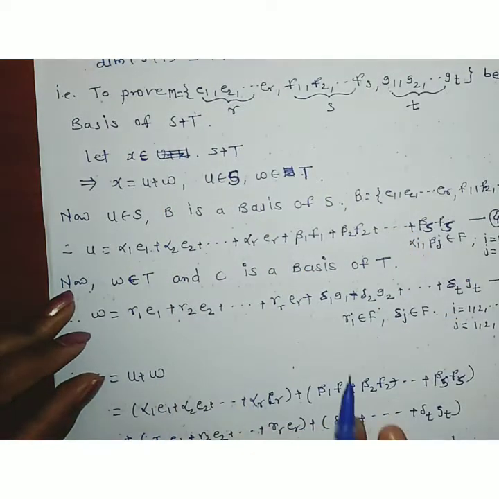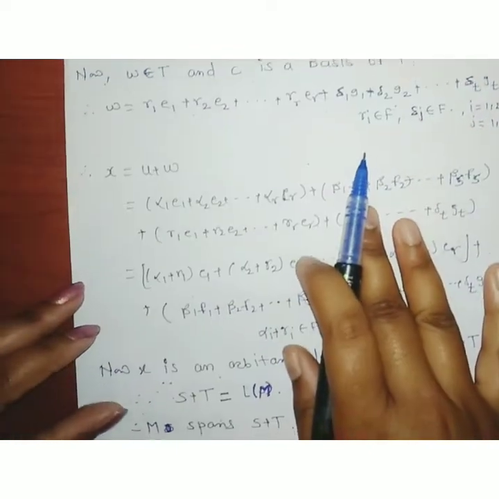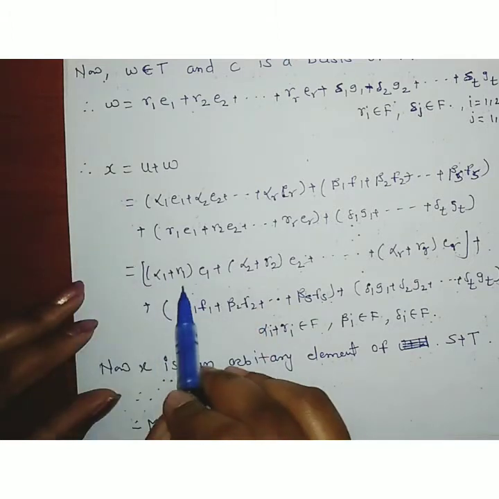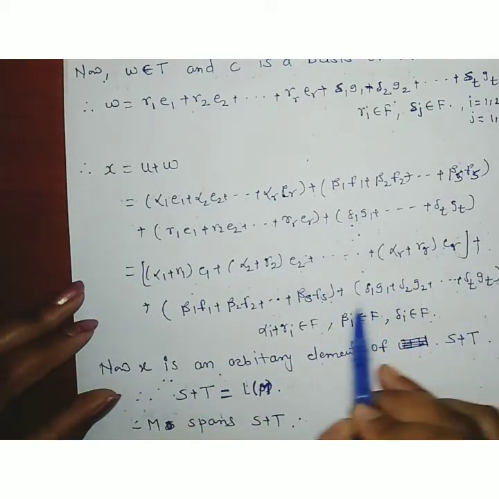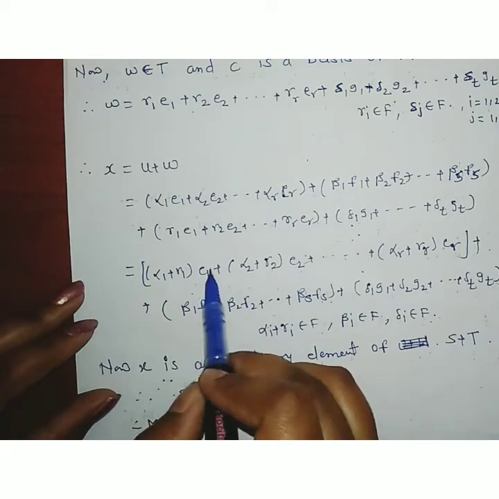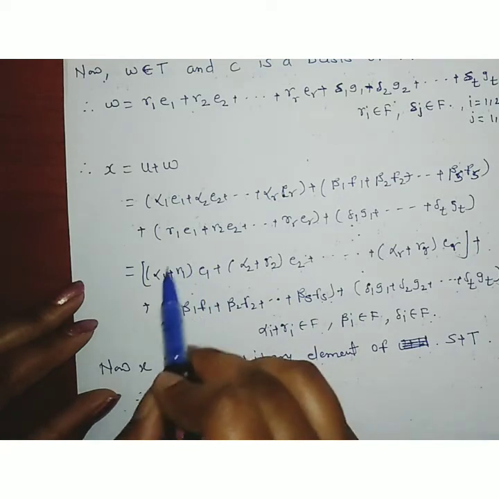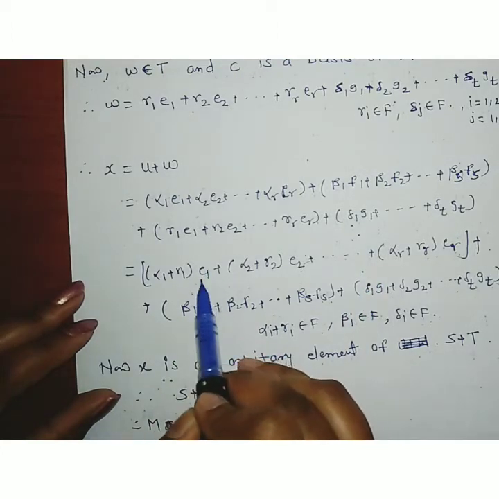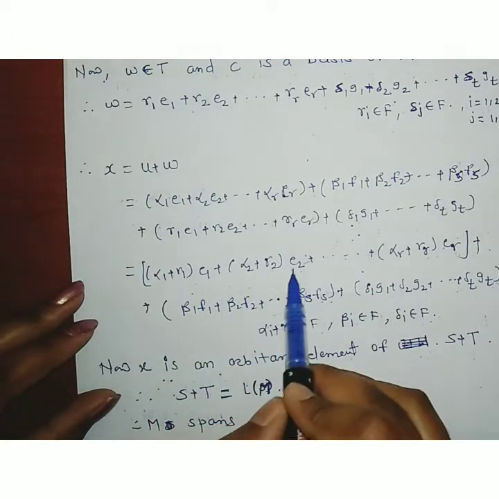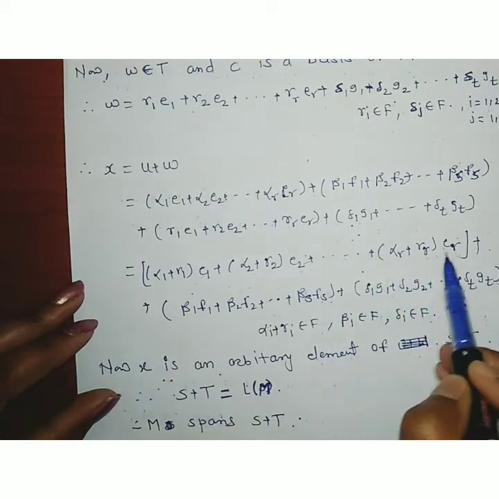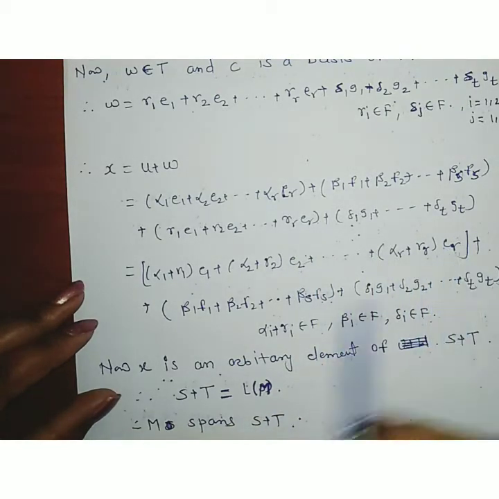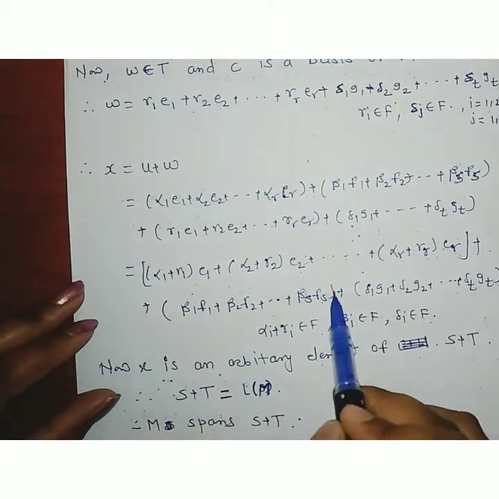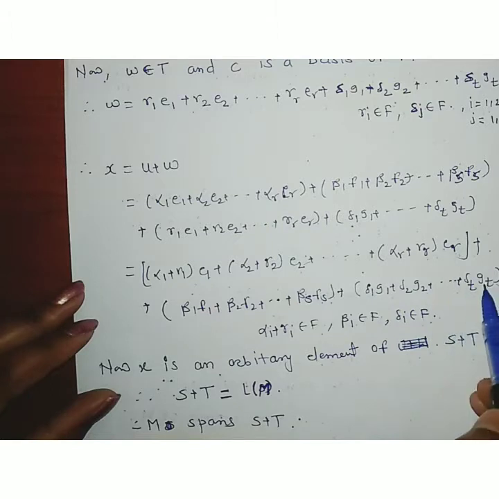Here we consider x as a member of S plus T. Consider every vector; it can be written as a linear combination of the elements of M. The first term of this expansion can be written as a multiple of e1, the second term as a multiple of e2, and so on, the r-th term as a multiple of er. Then the next terms are multiples of f1, f2, up to fs, and then g1, g2, up to gt.